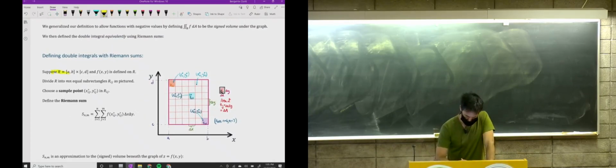First, suppose that we have some rectangle. I'll call it R. And suppose it's the product of the interval [a, b] with the interval [c, d].